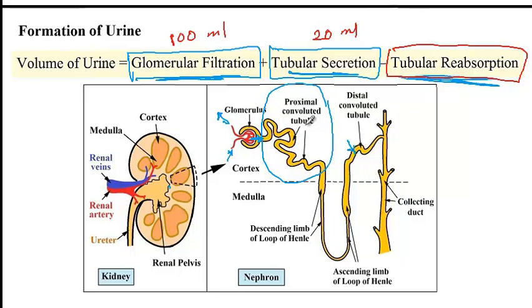But then while it's going through, a lot of this water and filtrate is also getting reabsorbed. Let's say 80 ml is getting reabsorbed. Therefore, the final volume of urine that will exit the collecting ducts would be 40 ml. That was just one rough example to give you an idea how the volume of urine is a balance between filtration, secretion, and reabsorption.